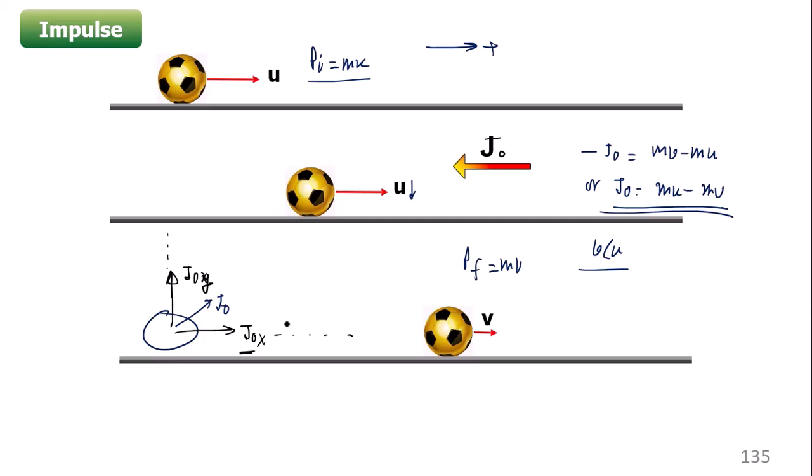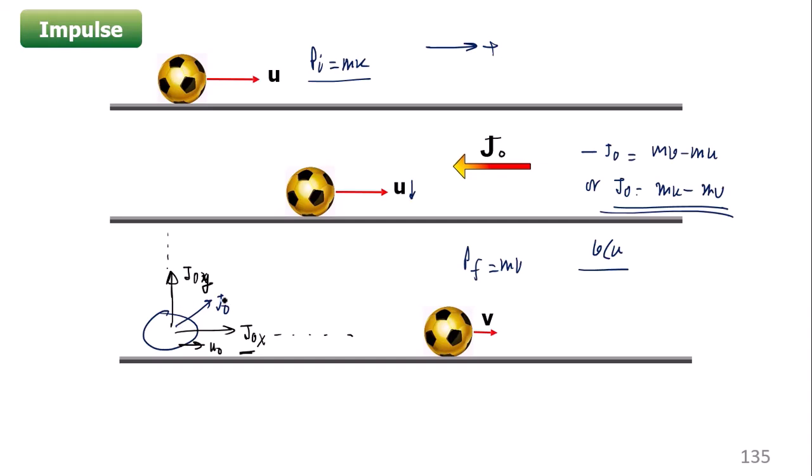Okay. So along both directions, you have to apply the impulse momentum relation to get the final relation. Initially, let us say the particle is moving in this direction with velocity u. So only the initial momentum along the x direction is there, and there is no initial momentum along the y direction.